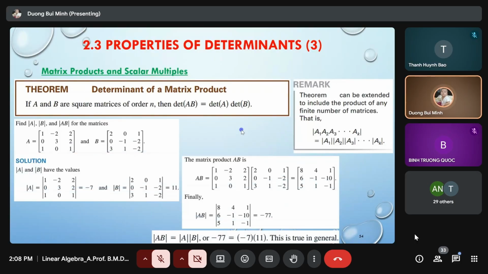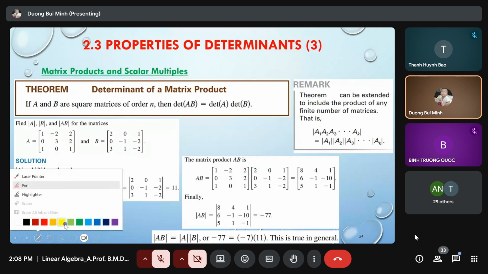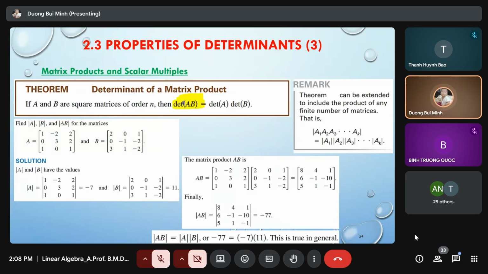Then this one is very important. The determinant of A times B is the determinant of A times the determinant of B. This is interesting, right? What is this like?